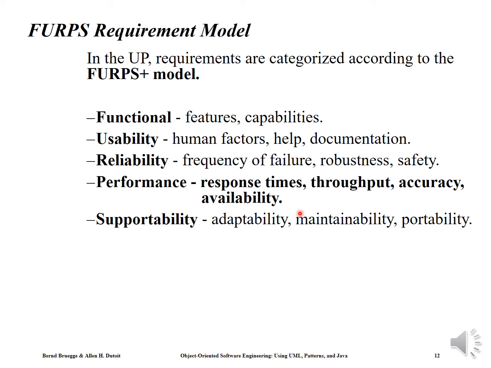Maintainability is the ability to change the system to deal with new technology. If new technology comes, how easy is it to change the system to cope with it. And portability is the ease with which a system can be transferred from one hardware or software to another.